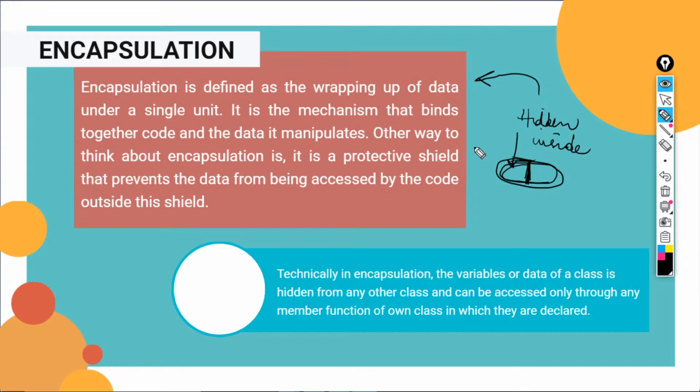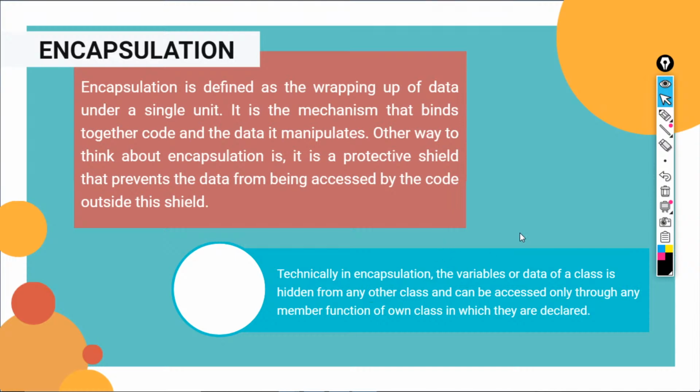So going forward, we have understood that technically in encapsulation, the variables or the data of a class is hidden from any other class. So there would not be a clash of different classes.